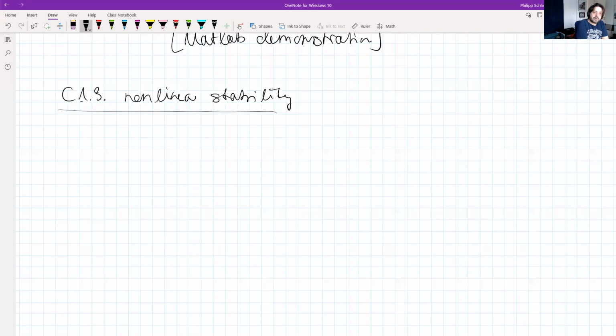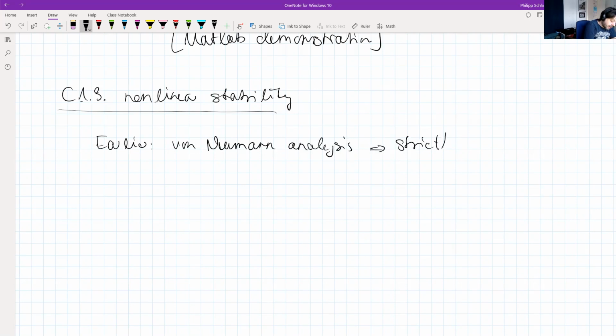Of course that will give some complications, and this can be treated with more advanced methods. But what we can say for now is that earlier we have done the von Neumann analysis, and this was strictly only for linear problems.